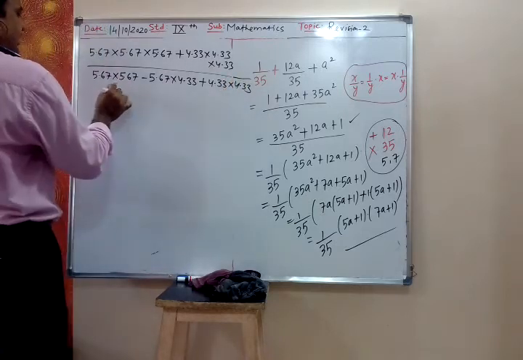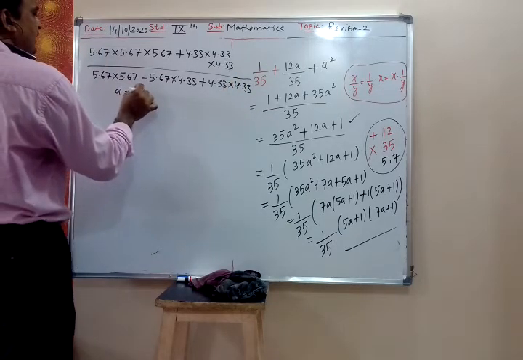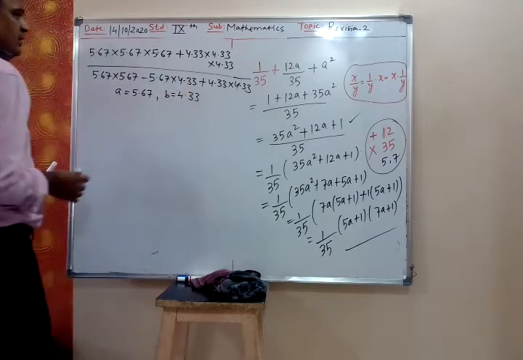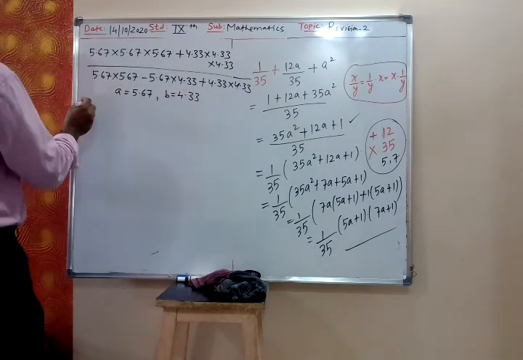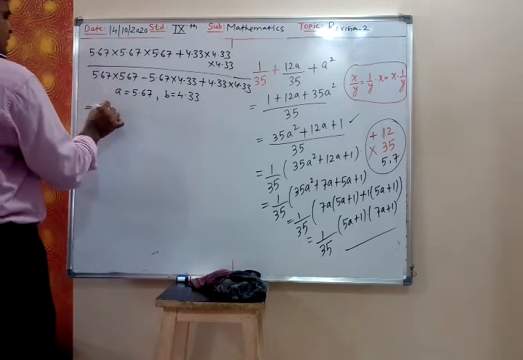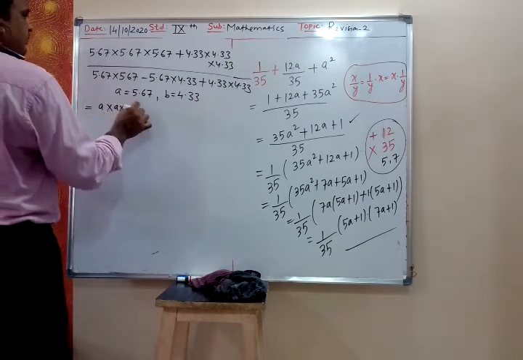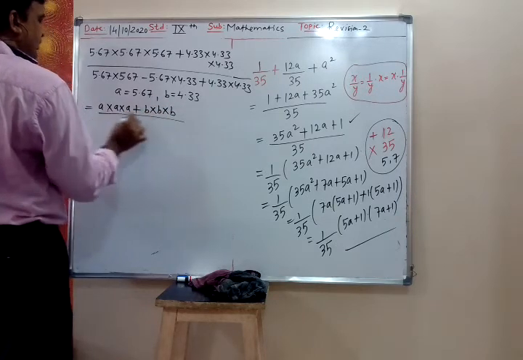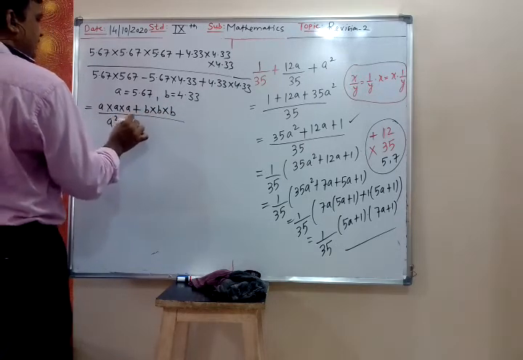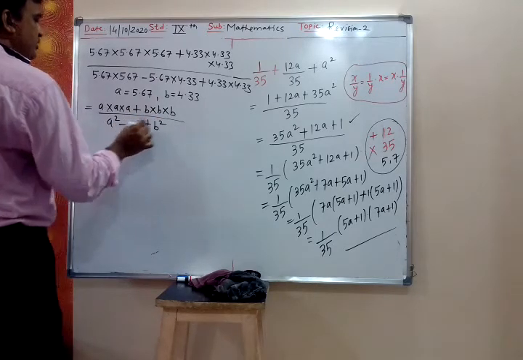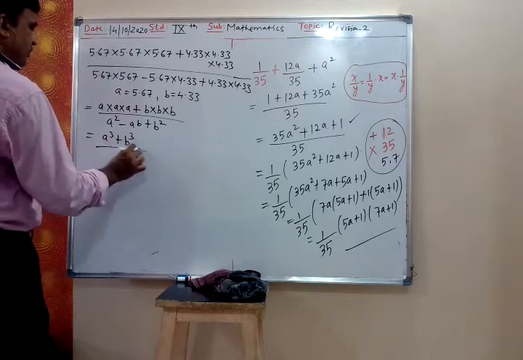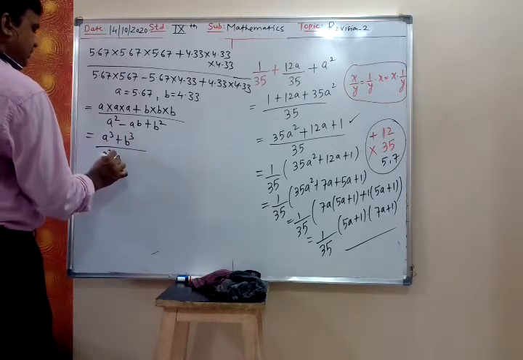Now simply you take A as 5.67 and B as 4.33. You write a few steps. So this is A into A into A plus B into B into B upon A square minus AB plus B square. A into A into A is A cube, plus B cube upon A square minus AB plus B square.